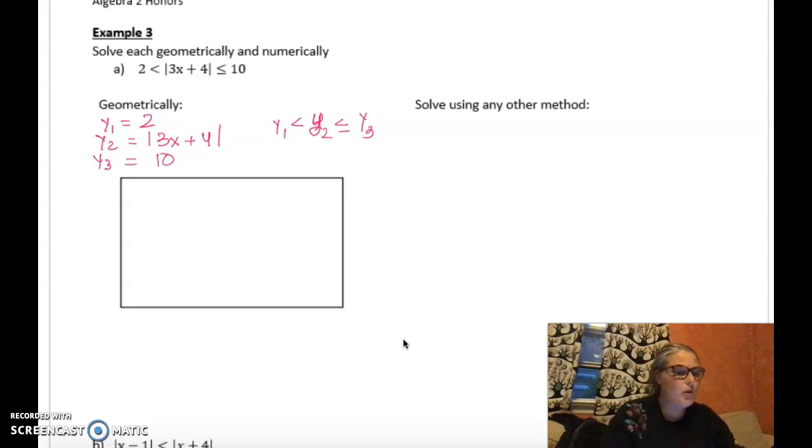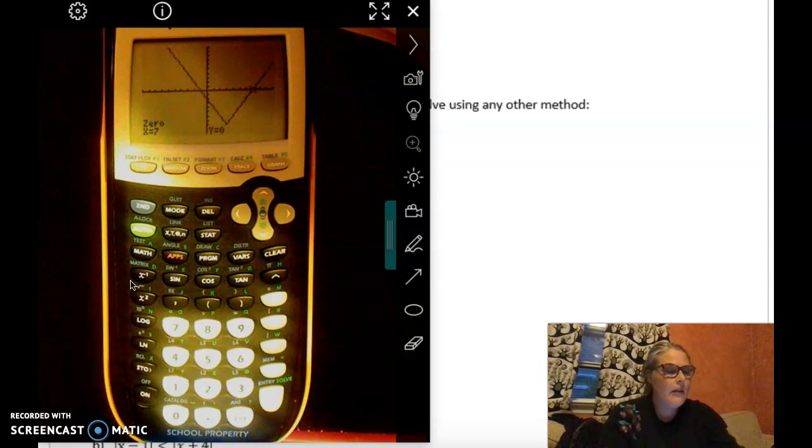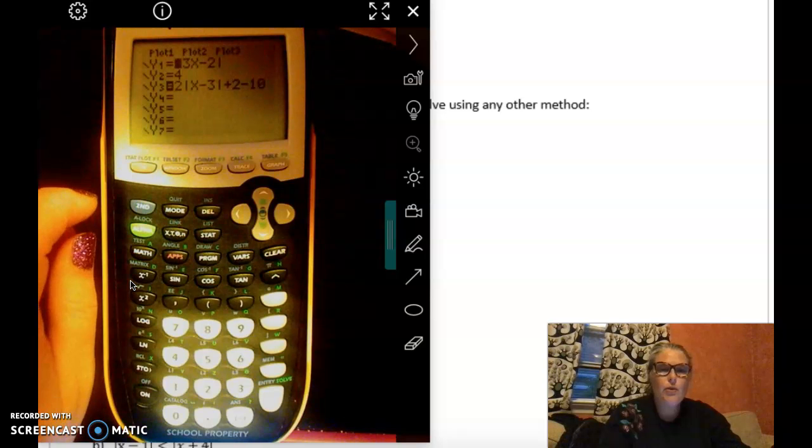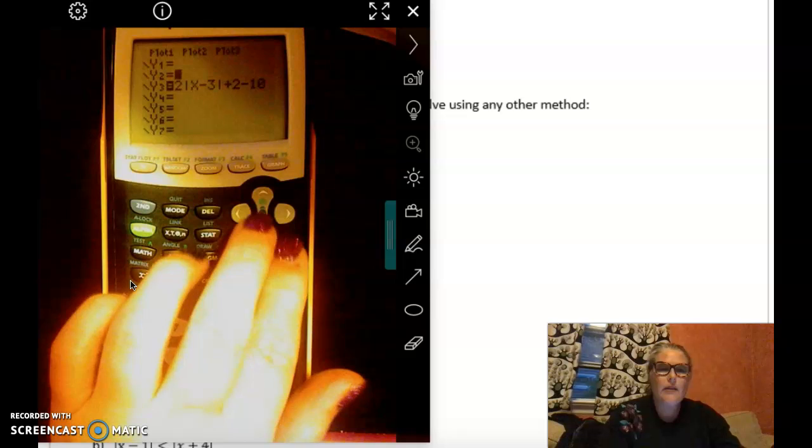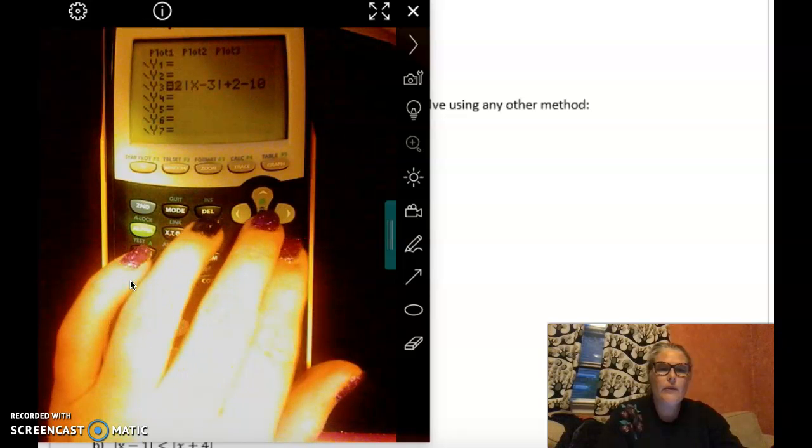But let's get to that part first. So we're going to go into the function here. I'm going to go into y equals and clear out these, all 3 of them.